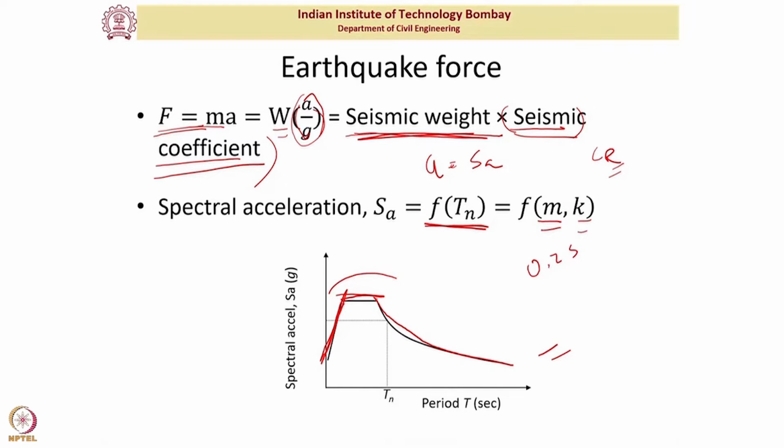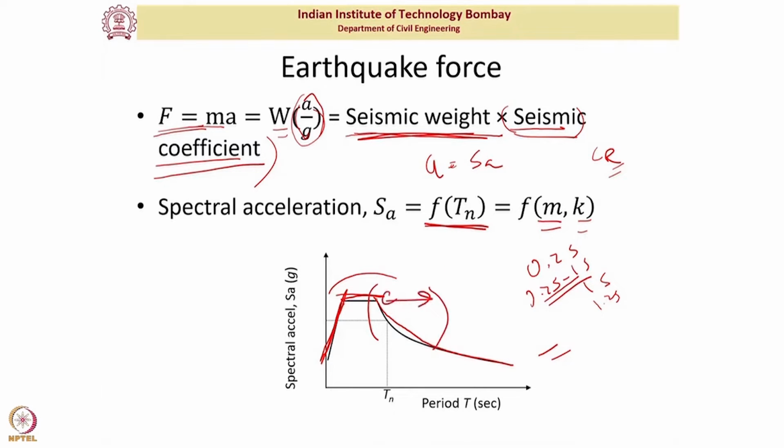If it's a tall moment frame building, it can go up to 1 second or even 1.2 seconds and further up. But typically we say that a typical structure is in the range of 0.25 second to 1 second, which on the response spectra falls in this zone.